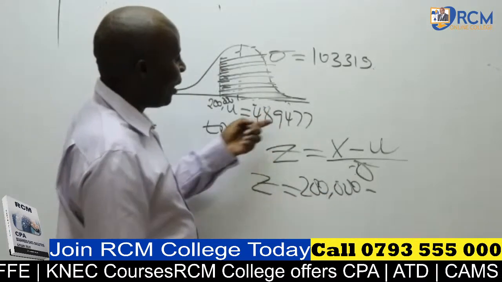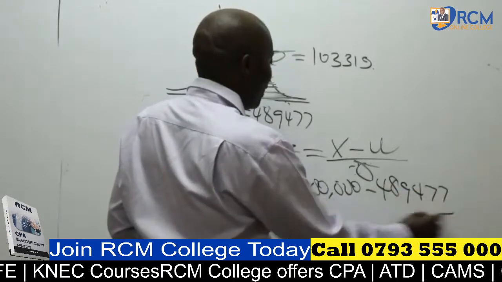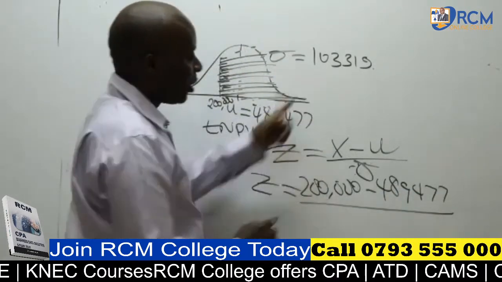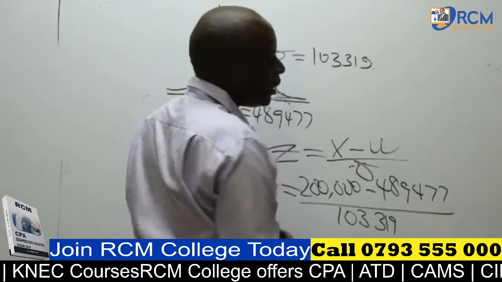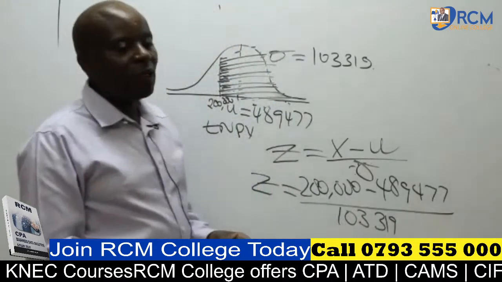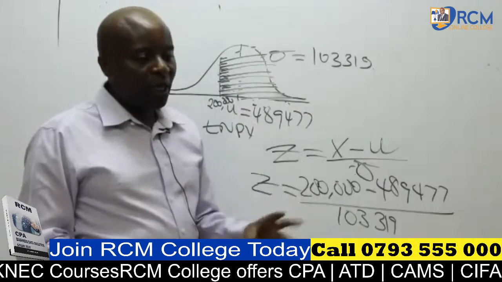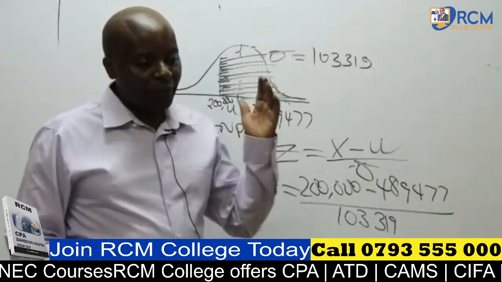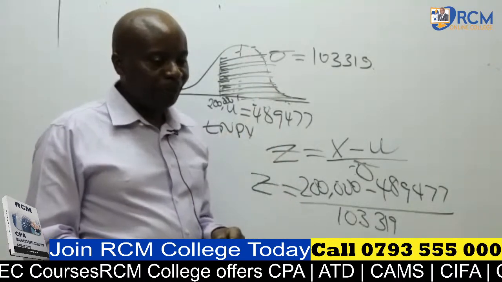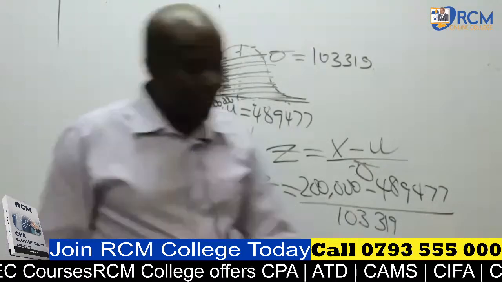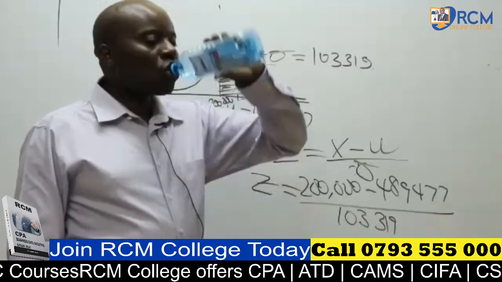The mean is 489,477, divided by the standard deviation, which is 103,319. Kindly give me this Z in 2 decimal places. What are we getting there, somebody?